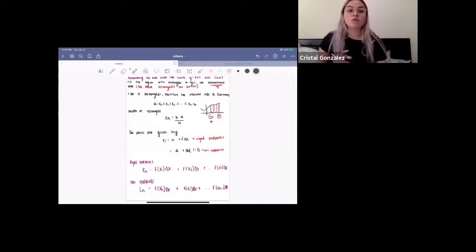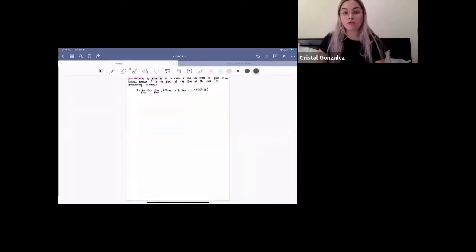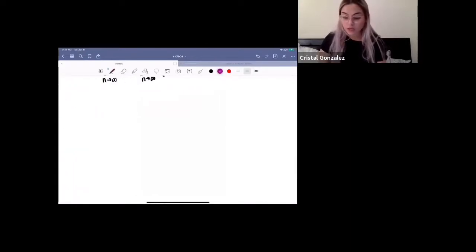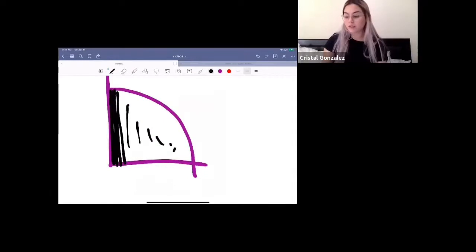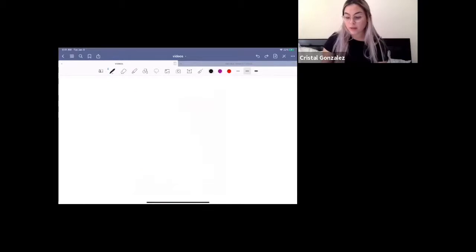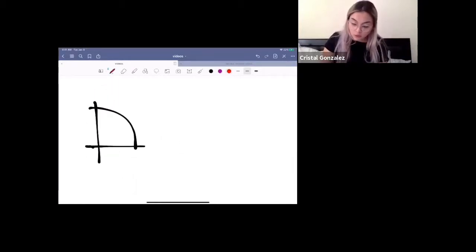What we can do to avoid that is, if we have a function that we're trying to approximate and we make the rectangle so tiny, we'll actually get the full area of the graph. Obviously, I'm being a little bit dramatic here, but if we make the rectangle so small, then we actually won't have any error.